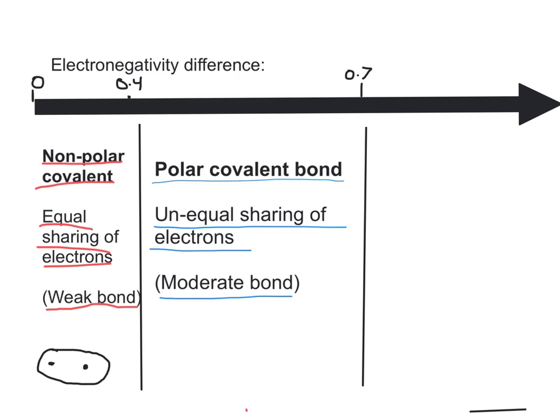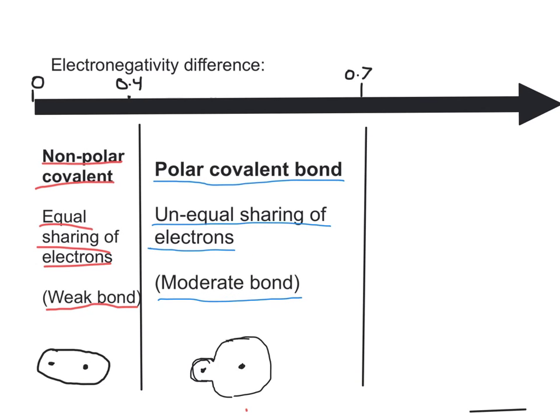And if you were to draw what it looks like, it looks a little bit like this, because one of the atoms, remember the nucleus is here, has a very large electron cloud, a very large space where the electrons are, because the electrons are more in that area, whereas the other atom right here has a much smaller electron space, because the electrons are not spending nearly as much time near that atom.